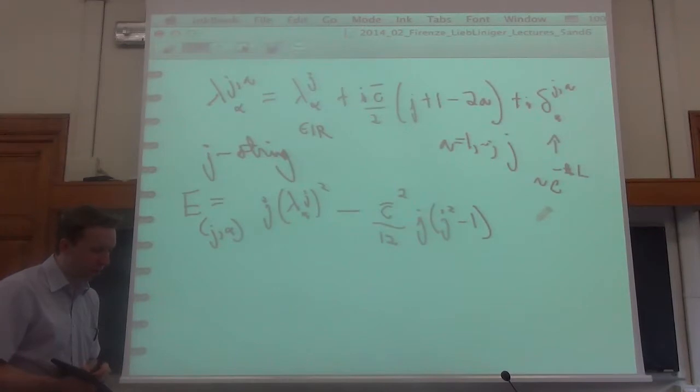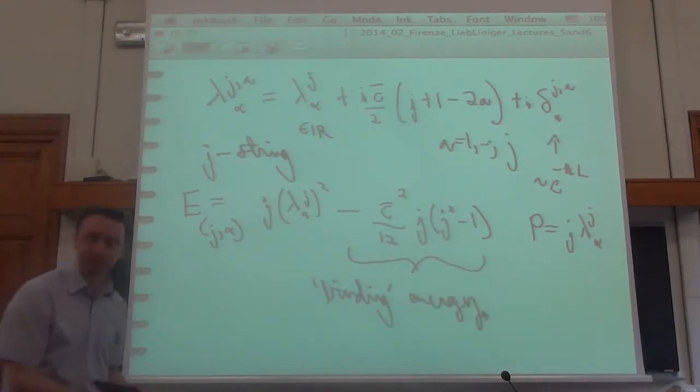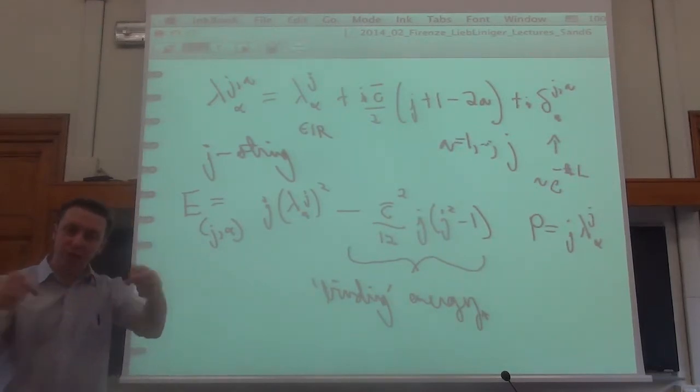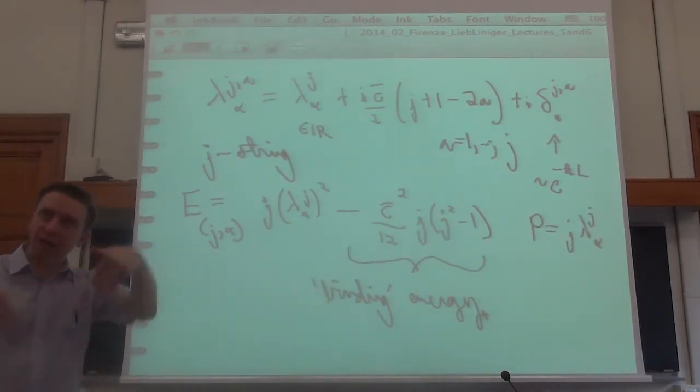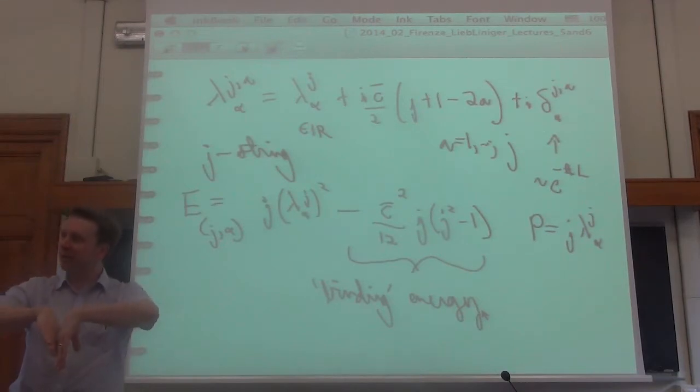And the momentum is just j times lambda j alpha. So this term is like a binding energy. Your particles act as delta potential wells for the other particles, but now the potential well goes below, so you can have bound states.